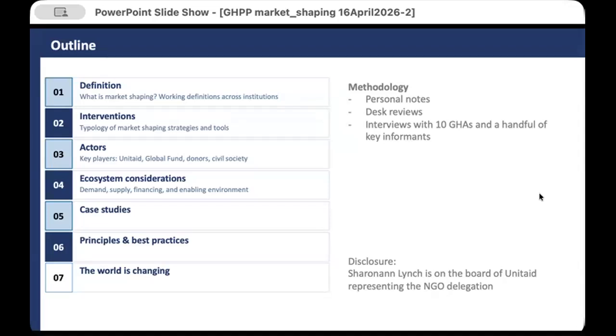Our methodology was using a bunch of personal notes, given our awareness and engagement on these issues, some desk reviews, especially some of the recently published articles and guidebooks that I'll refer to, and interviews with 10 global health actors and a handful of key informants. And thank you to those on the call among the key informants who gave your time. I do want to disclose that I am a member of Unitaid's board and I represent the NGO delegation.